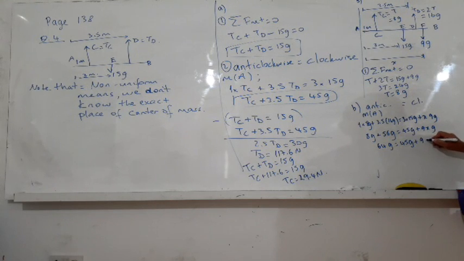Cancel all G's. 64 is equal to 45 plus 9X. 19 is equal to 9X. X is equal to 19 over 9, which we can leave like that, some meters. That's the answer.